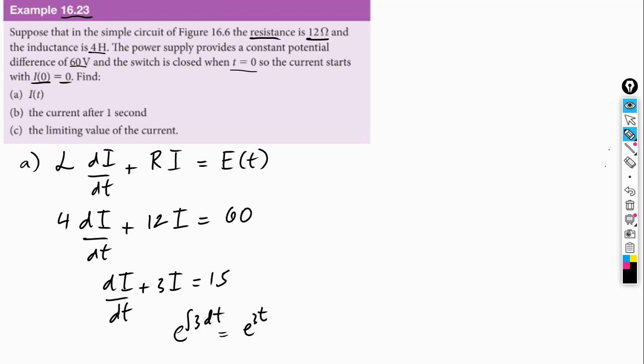And if we multiply both sides of the equation, we already know that we're going to get the product rule on the left-hand side of the derivative of e to the power of 3t, which is the integrating factor, times I, which represents current. And on the right-hand side, we're going to get 15 times e to the power of 3t.